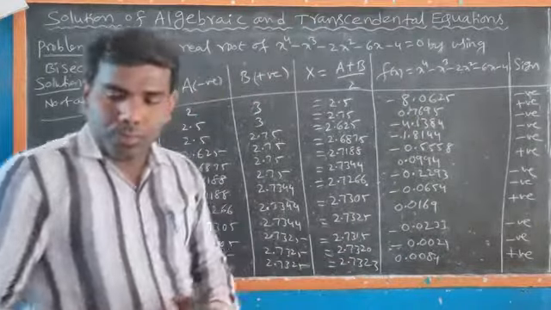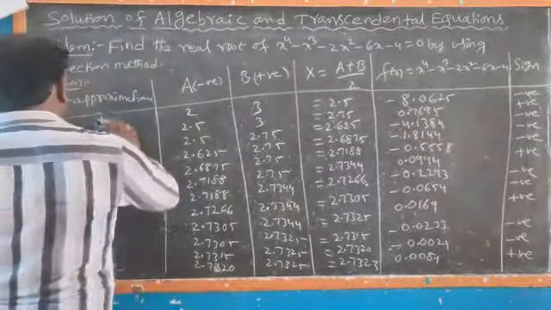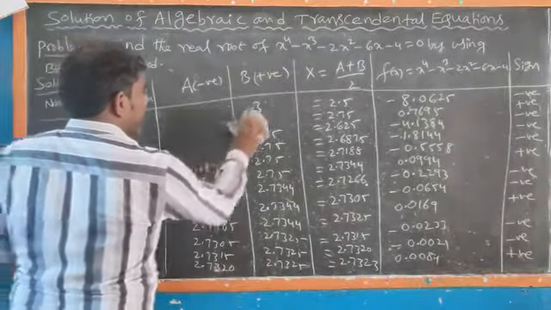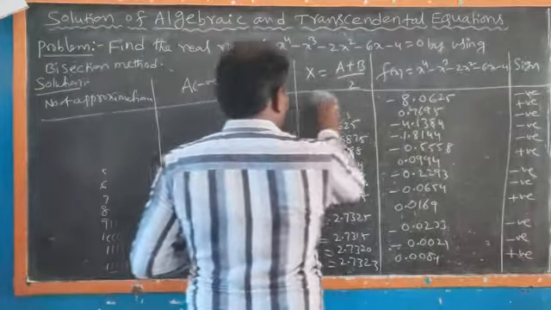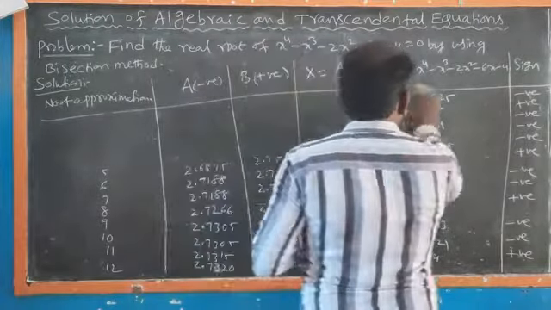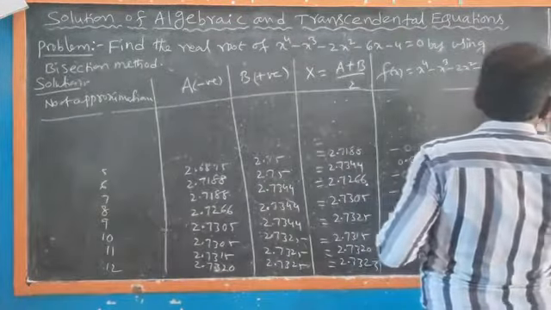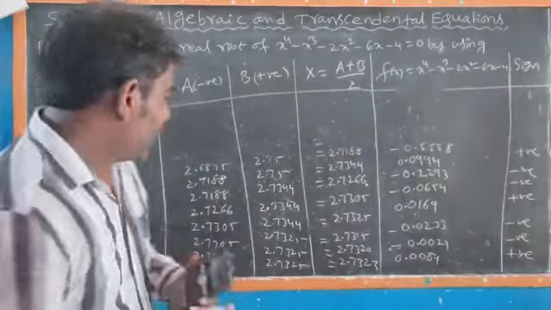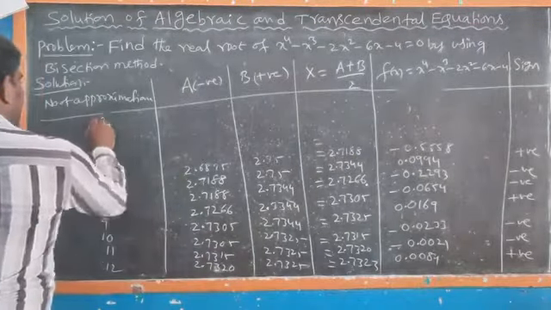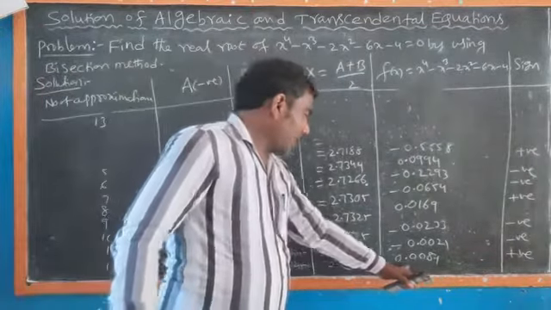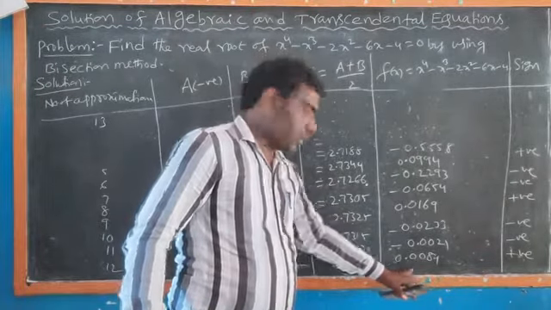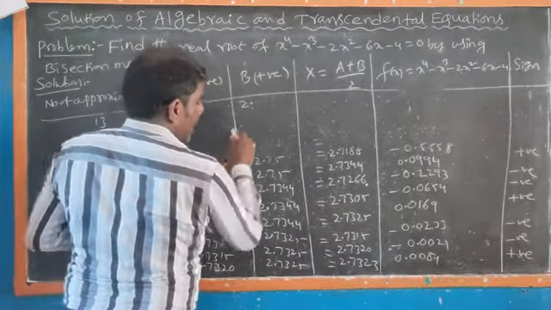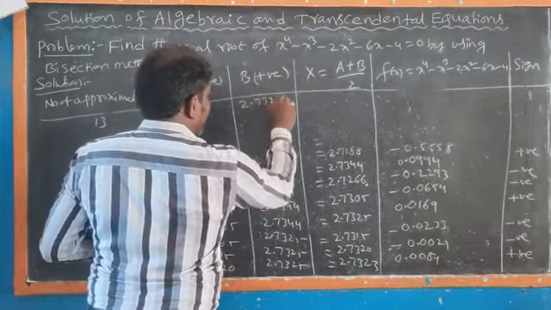Next one, the 13th approximation is, here we get a positive value of f of x. So substitute x in positive b: 2.7323.